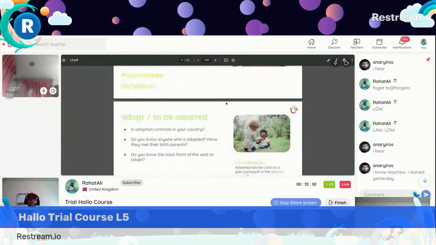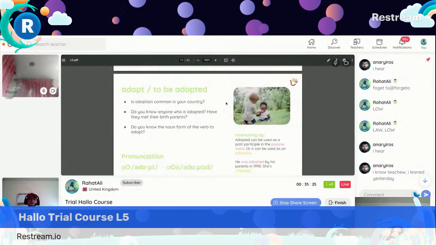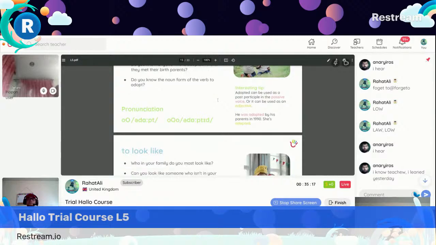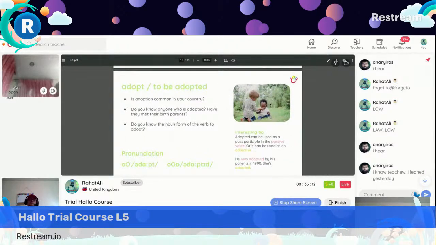Next one is adopt or to be adopted. Do you know the meaning of adopt? Yeah, the parents that maybe don't have kids, so they adopt children as if their own children.